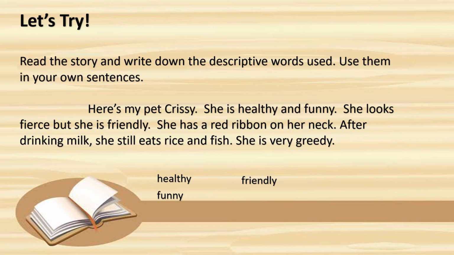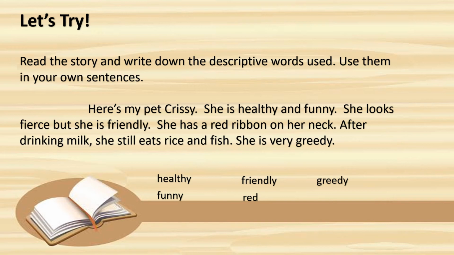Next, let's move on. She has a red ribbon on her neck. So the word is red. That describes the ribbon. So next, after drinking milk, she still eats rice and fish. Then at last, she is very greedy. All right, you are right.